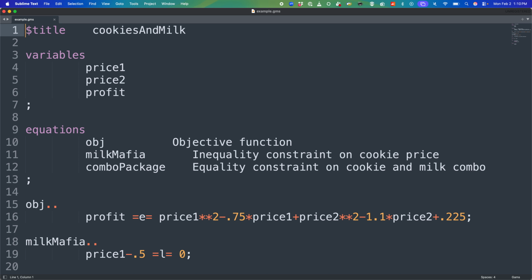So GAMS is an older one. It's called the General Algebraic Modeling System, I believe. And it's literally just an optimization platform. There are other ones, so Julia is another common example of an optimization platform.